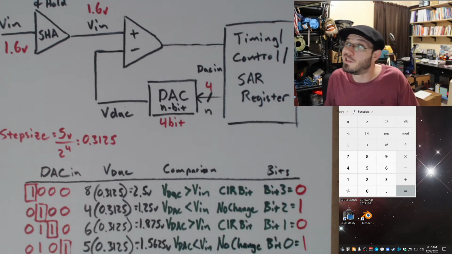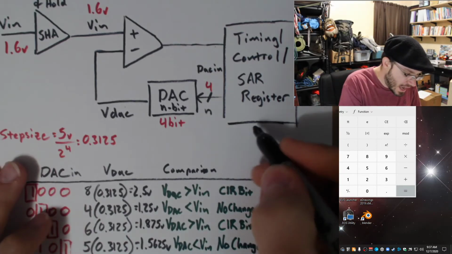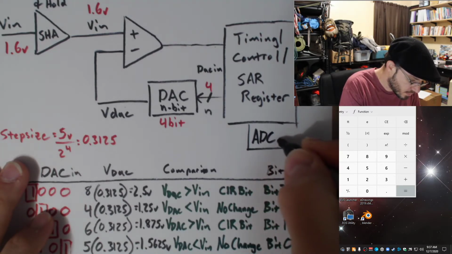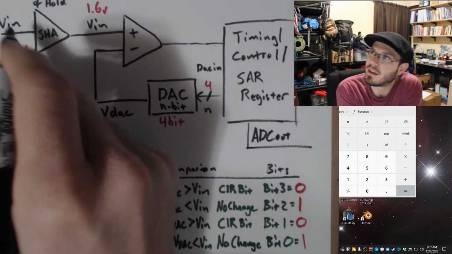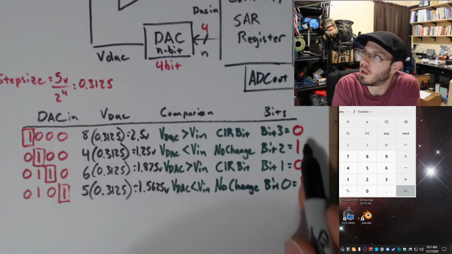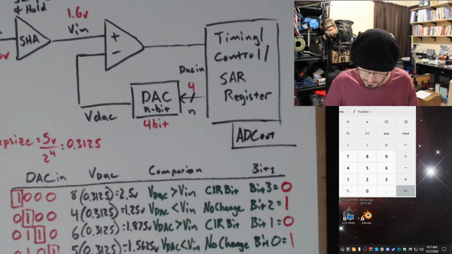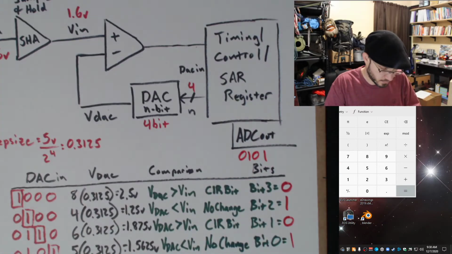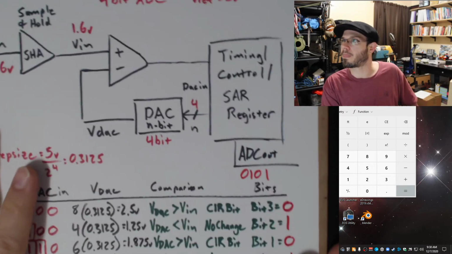And we are done with this conversion. So at the end of the day, this ADC converted the value 1.6 volts to 0101. And that's the result of our conversion.